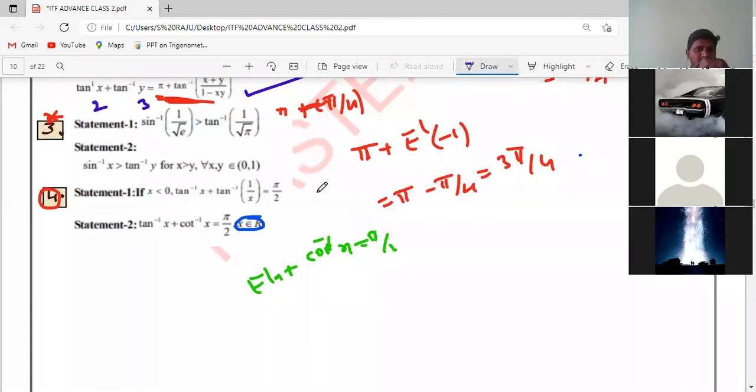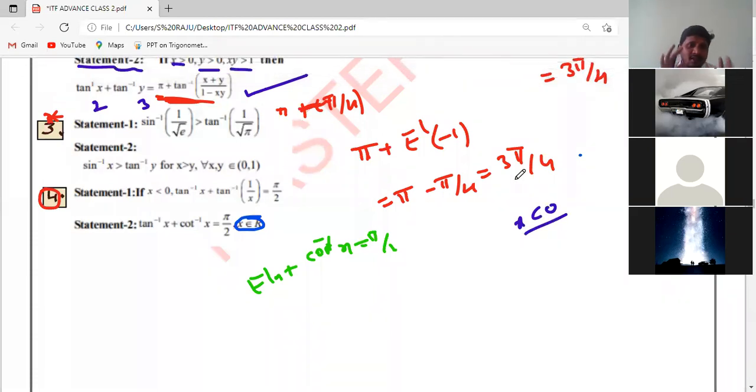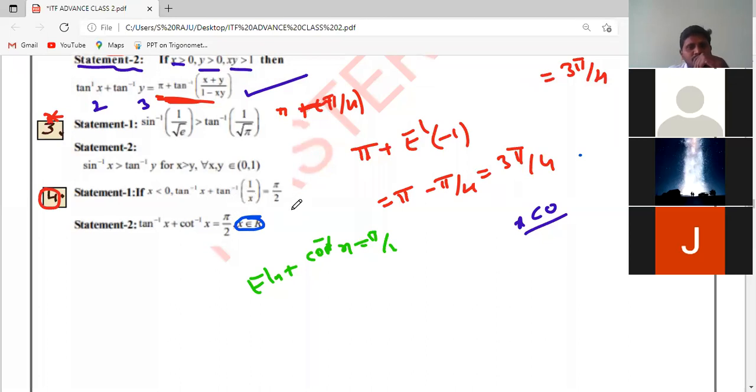Sir, he means we need to check whether, for only x lesser than 0, in case x is a negative value, the statement is true or not. Am I right? Okay, so he's saying that they have not given that it is not true for x greater than 0. They have given it's true for x less than 0.